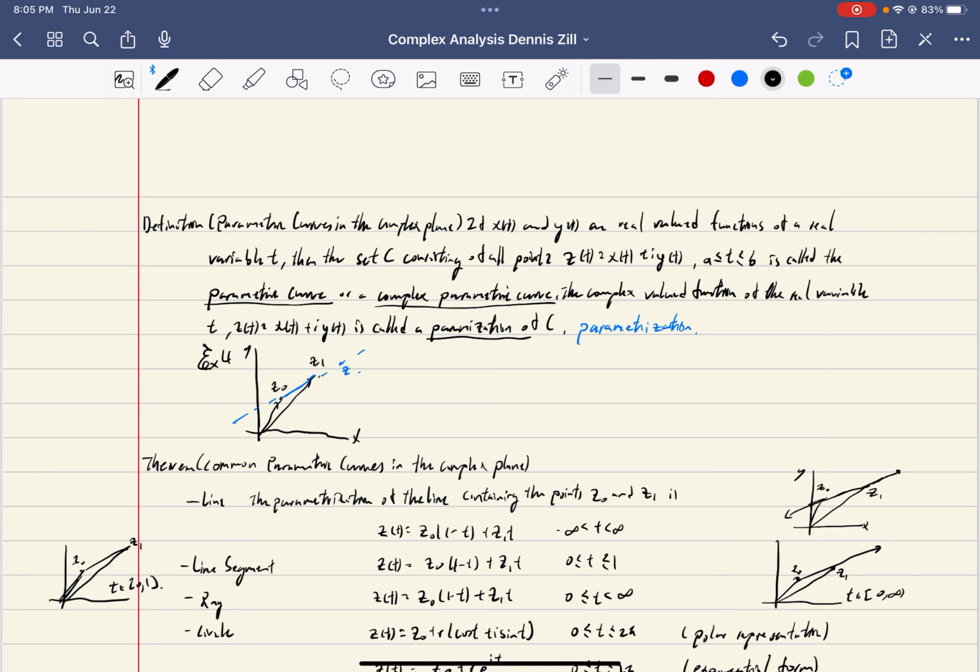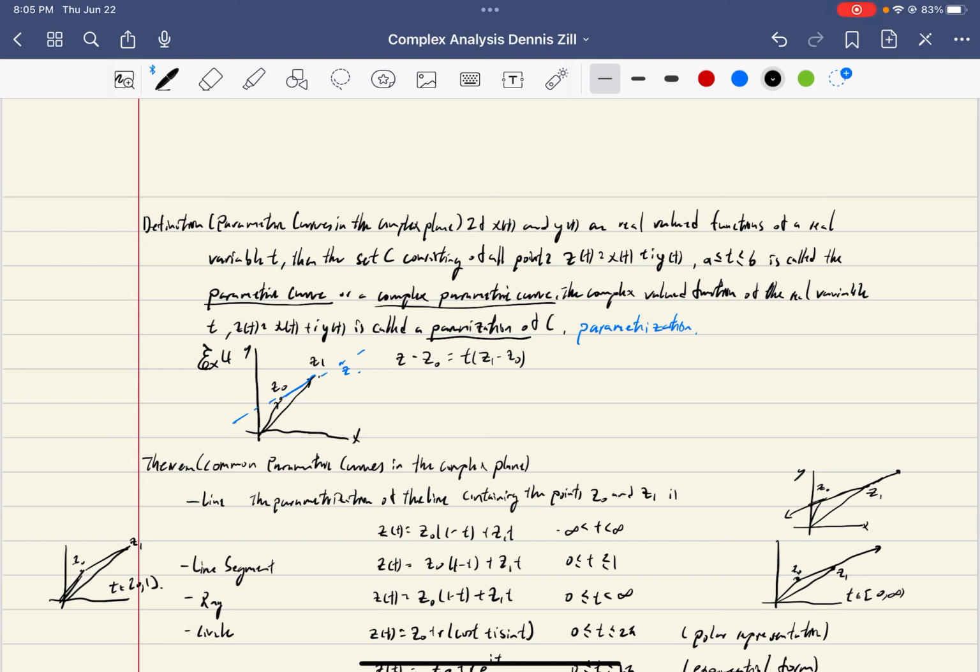Okay. And, well, how do we write an equation for this? Well, we know that, let's say, attempt, if you do z minus z0, well, it has to equal t times z1 minus z0, right?